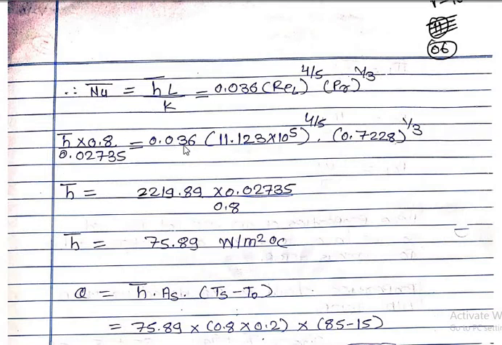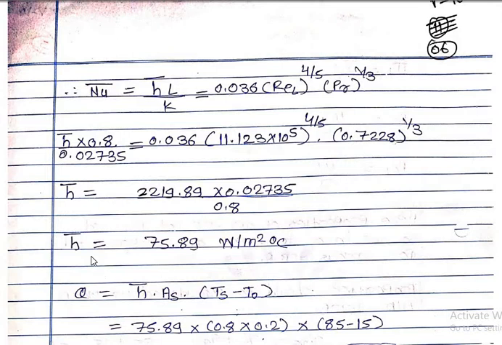So this is equal to 0.036 times the average Reynolds number we calculated, 11.123 into 10 raised to 5, raised to 4 by 5, and the Prandtl number from the property table, 0.7228, raised to 1 by 3. So h bar, the average heat transfer coefficient, is equal to 2219.89 into 0.02735 divided by 0.8. So h bar is equal to 75.89 watt per meter square degree Celsius.